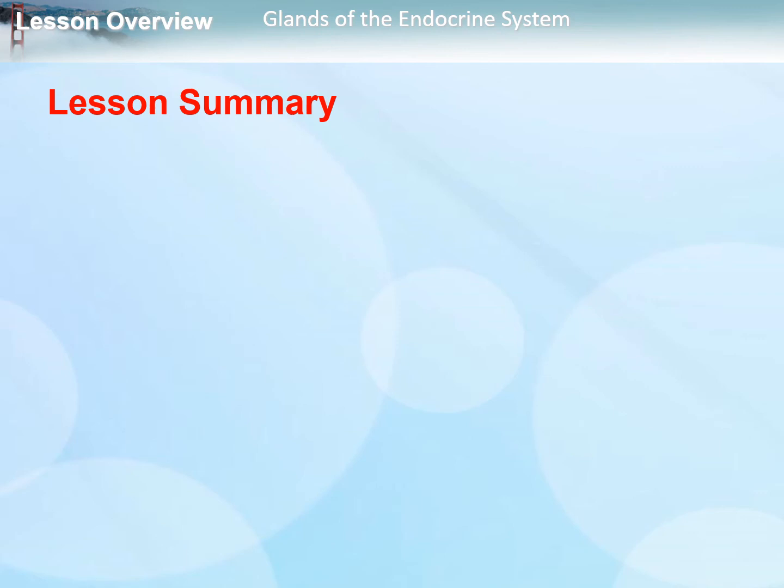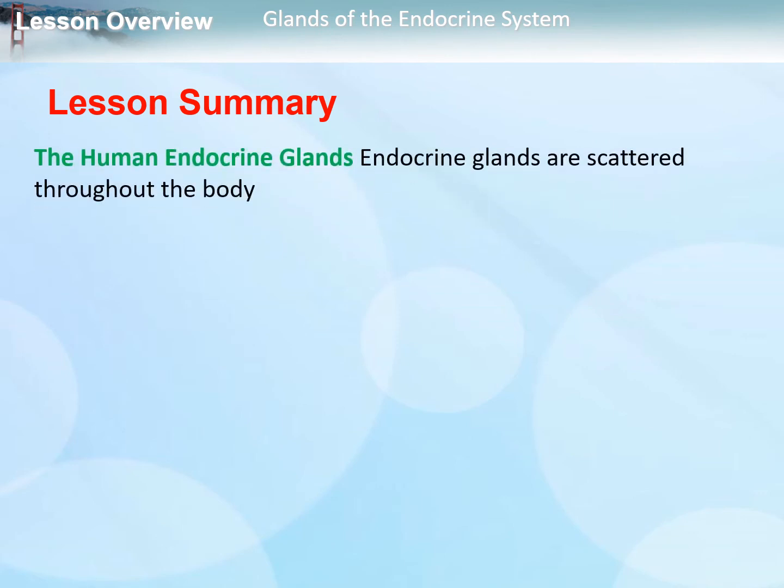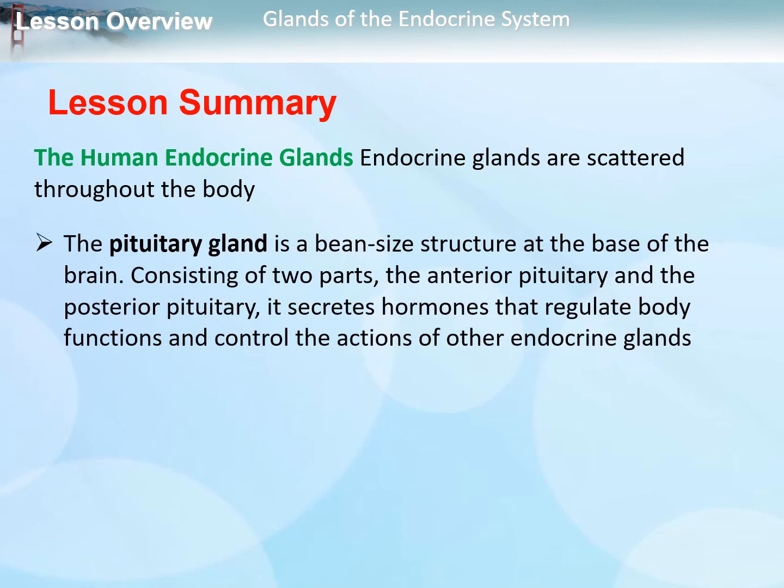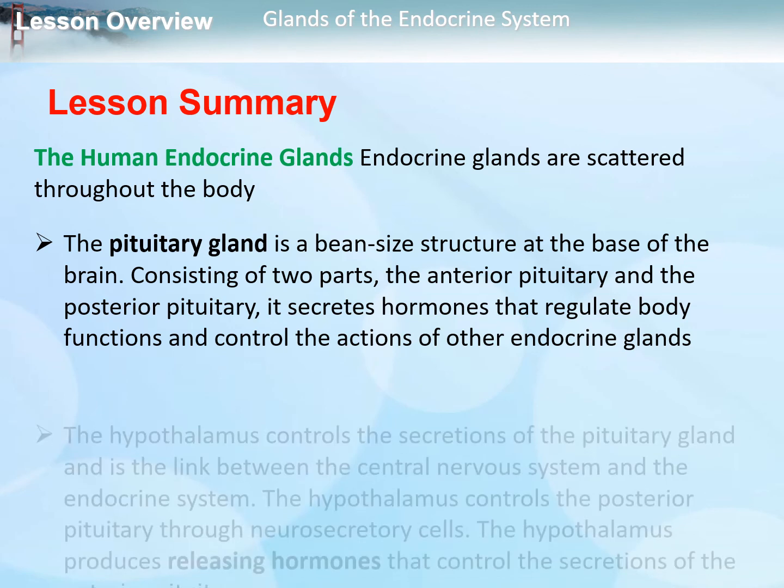So let us now sum up the lesson. Of course, in the human body, the endocrine glands are scattered throughout. The pituitary gland is a bean-sized structure at the base of the brain, consisting of two parts, the anterior pituitary and the posterior pituitary. It secretes hormones that regulate body functions and control the actions of other endocrine glands.